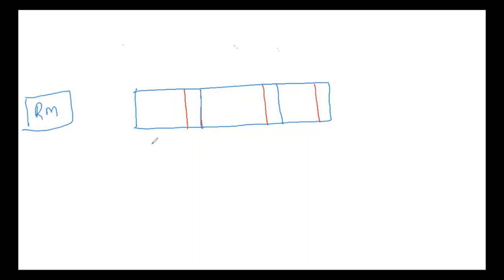What it means is, this is process 1 and this is process 1 stock, which means process 1, once you finish, doesn't go here, it goes here.